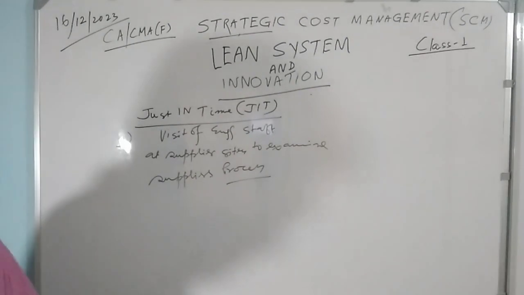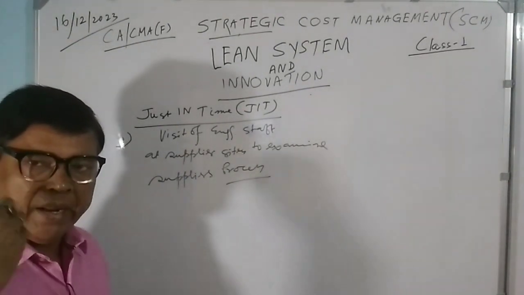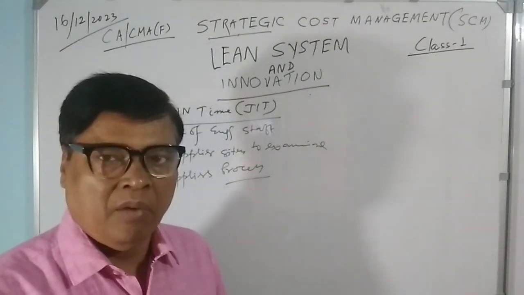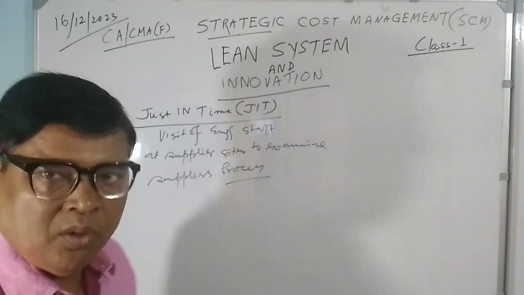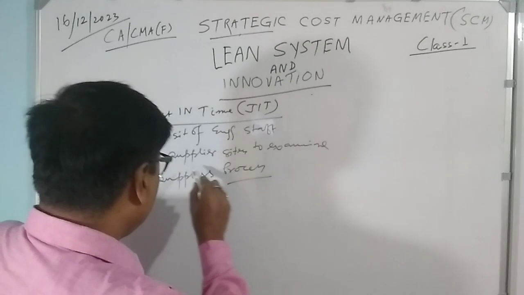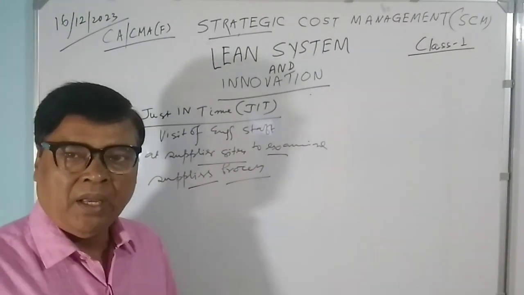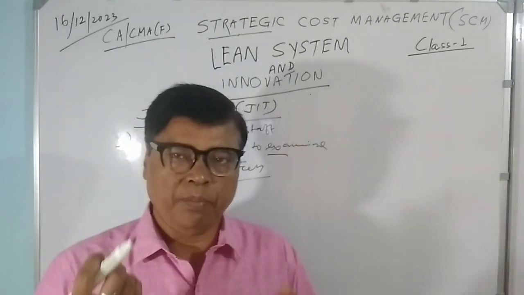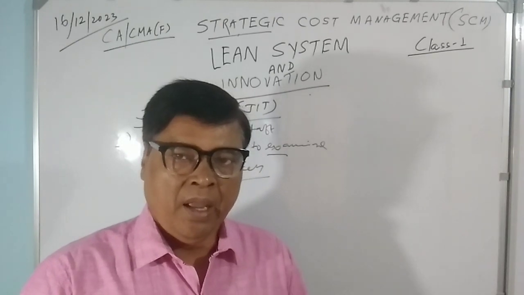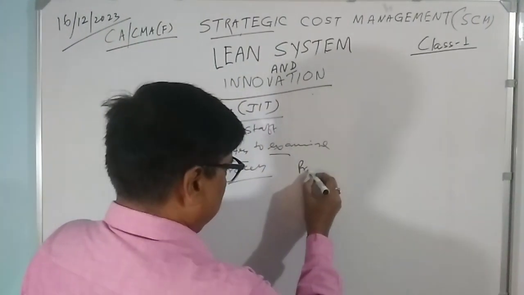You have placed an order for the right thickness, right quality of material. For that purpose, you are to send your people, you meaning the buyer, to the supplier sites to examine the supplier process. Suppose you have ordered a particular type or particular content of material. Your pre-inspection has to be done.